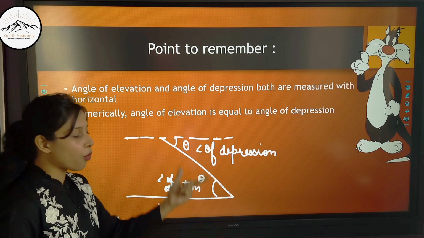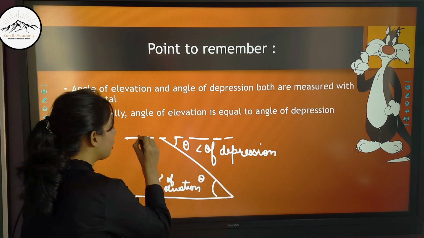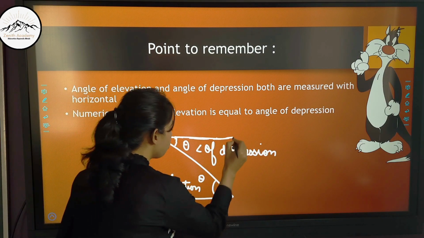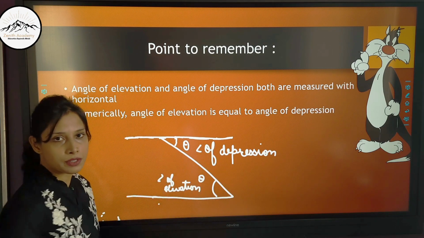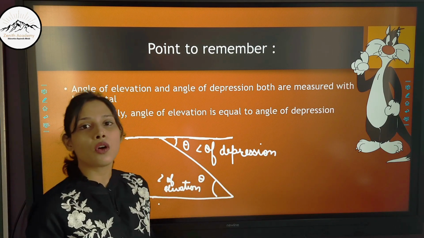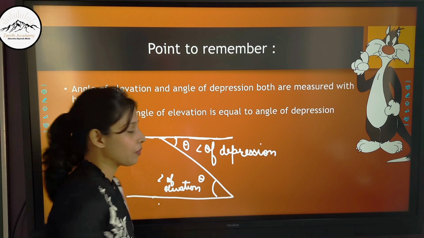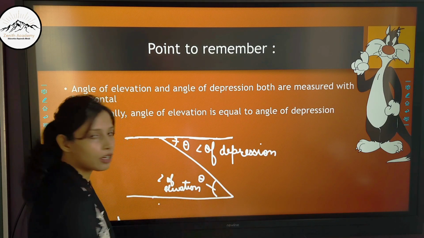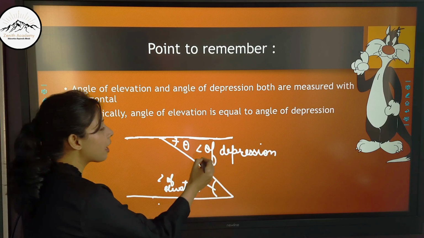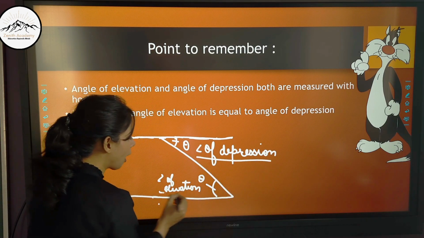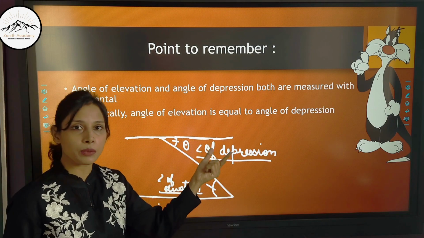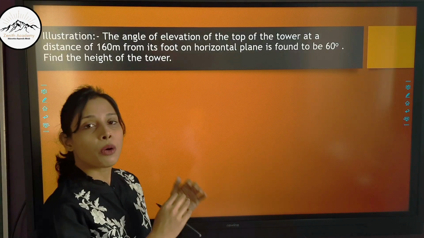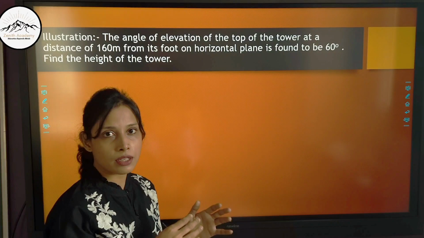Now how are they both equal? See, if these two lines are parallel, and if we suppose that this is a transversal, we know that interior alternate angles are equal. So what are they? Interior alternate angles, and hence angle of depression and angle of elevation, numerically they are always said to be equal.